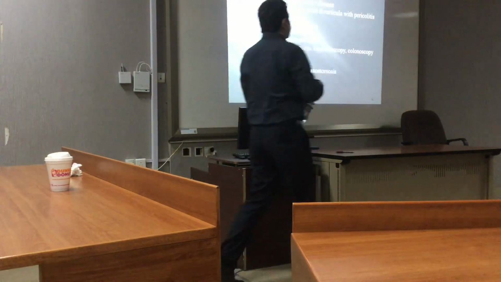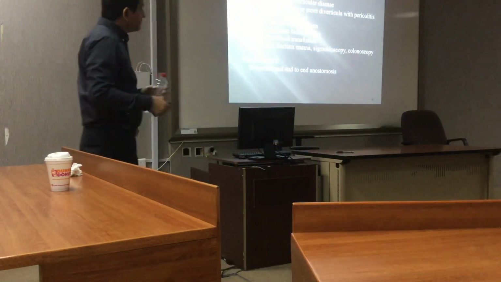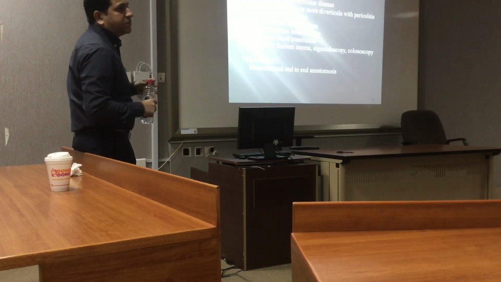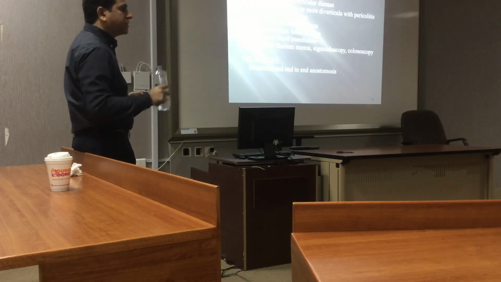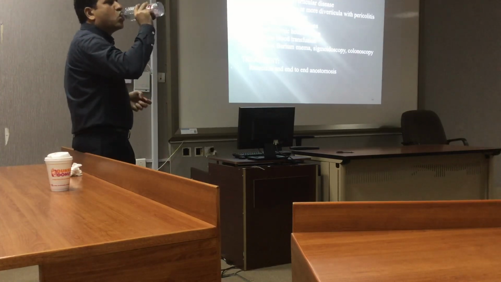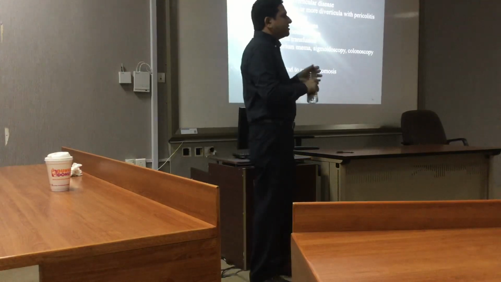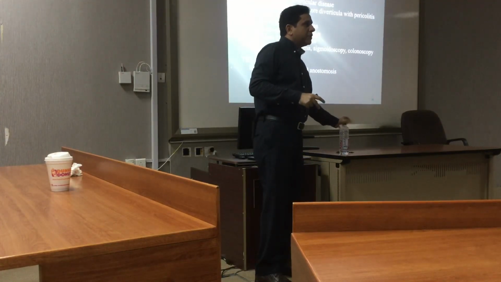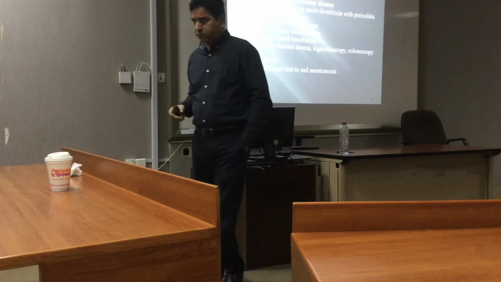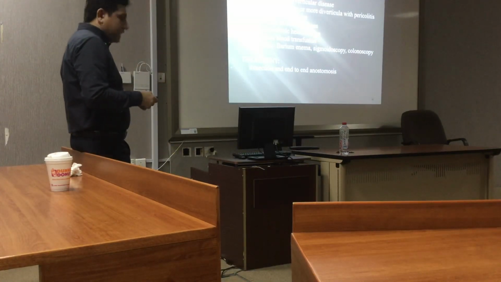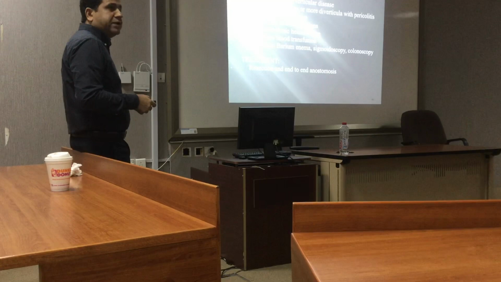Then is diverticulitis. And what is diverticulitis? This is a complication of diverticular disease. I hope you all know what diverticular disease is. Diverticular disease is the presence of multiple diverticula in the colon. And mainly these are the diverticula on the left side of the colon, that is the sigmoid colon.